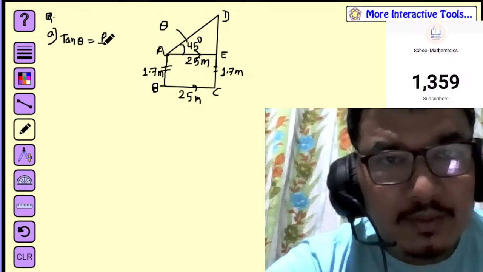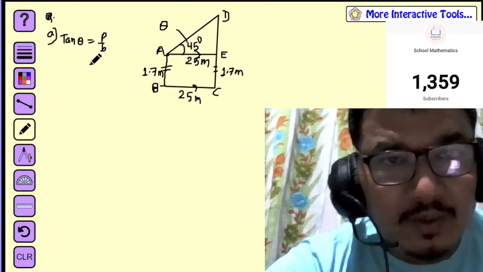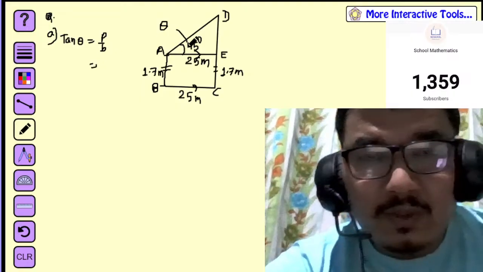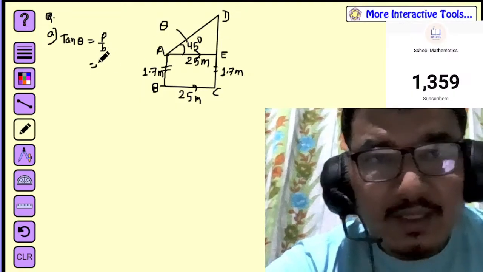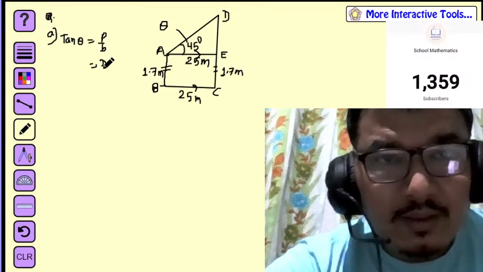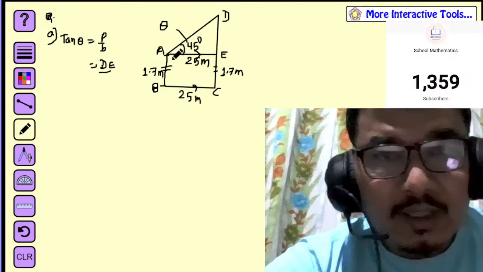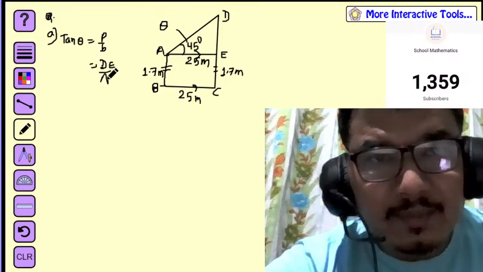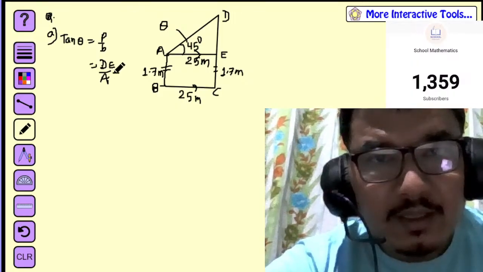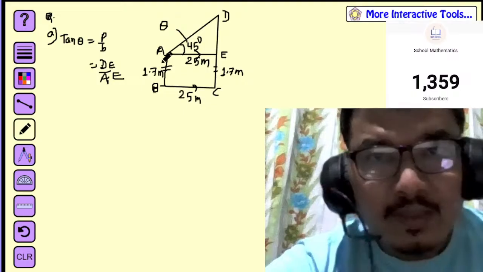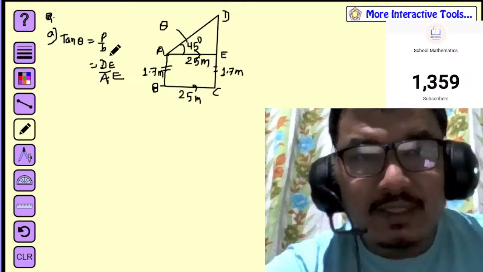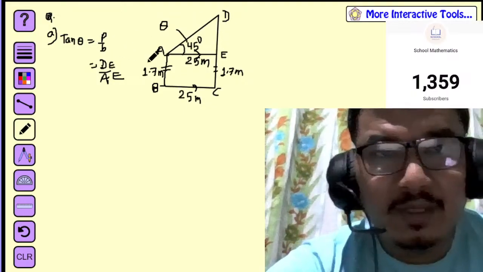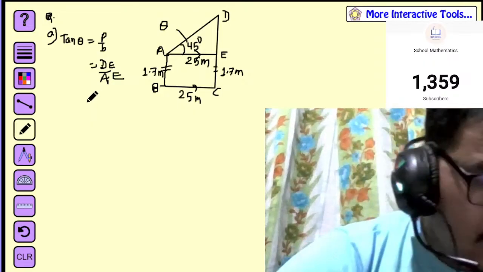For this one, the perpendicular is DE, and down there the base is AE. That is represented by tan theta. This is perpendicular, this is base, and tan theta is perpendicular by base, and it will be like this.